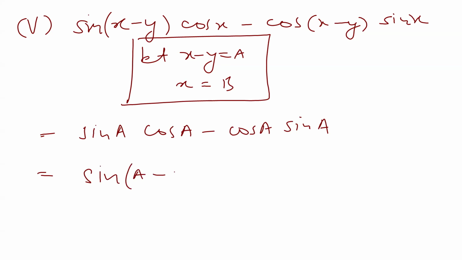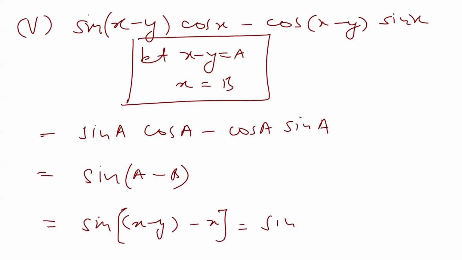Now put the values of A and B. A is x minus y and B is x. Open the bracket. Go systematically so that there are no errors. So the answer is sin of minus y. Sin of minus y is minus sin y.